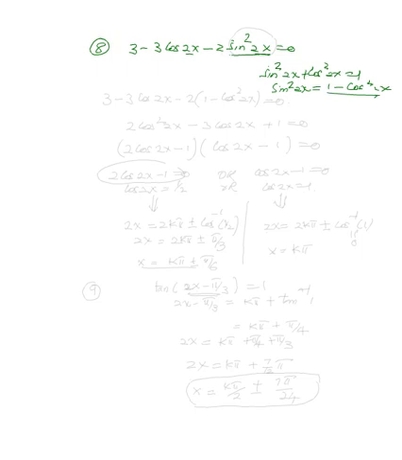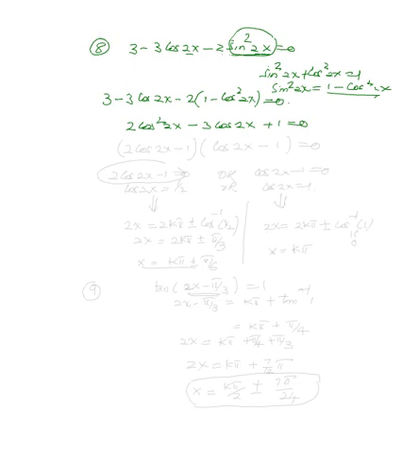So if I substitute that into the given equation for sine square of 2x, I will have 3 minus 3 cosine of 2x minus 2 times 1 minus cosine square of 2x equals 0. So if I algebraically manipulate this, I will have 2 cosine square of 2x minus 3 cosine of 2x plus 1 equals 0.